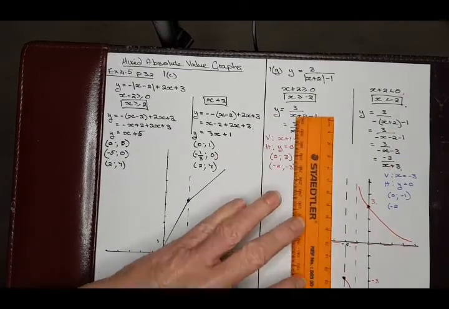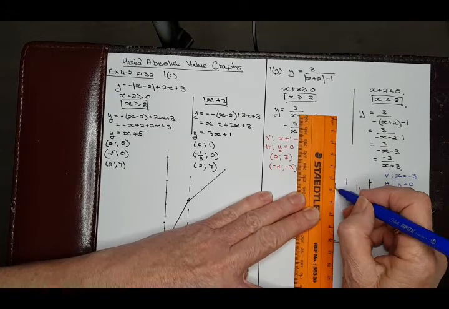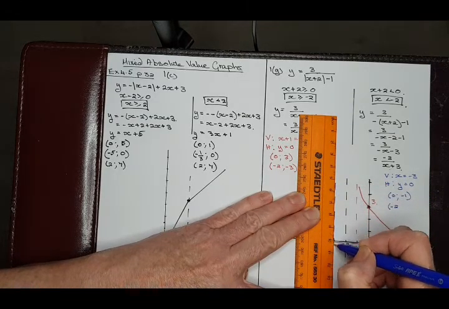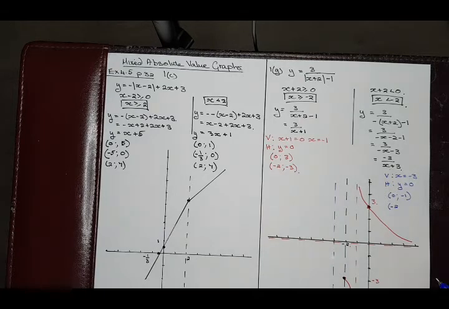Now, when I draw in my vertical asymptote for that blue graph, it looks like this. This would have an intercept at 0 and at minus 1. But this part of that hyperbola, that part I can't have because it doesn't satisfy the condition.